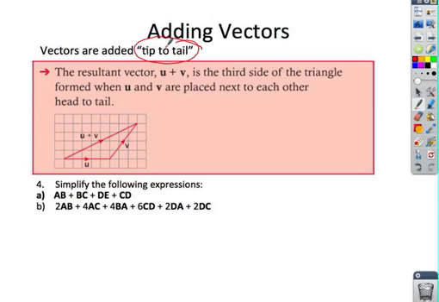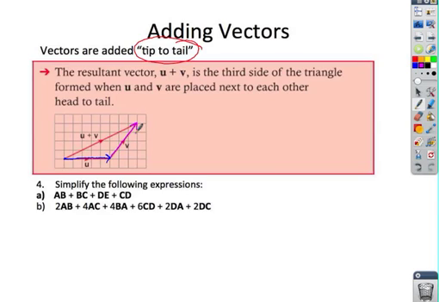And again, all this means is, for example, if I had vector u here, which is 5 units long, and it's moving straight in the positive x direction, let's say, that's 5 units long. If I had that vector, and then I wanted to add vector v to it, I'd lay down vector u, like it's shown here, and then put the tail of vector v at the tip of vector u, like this, all right?